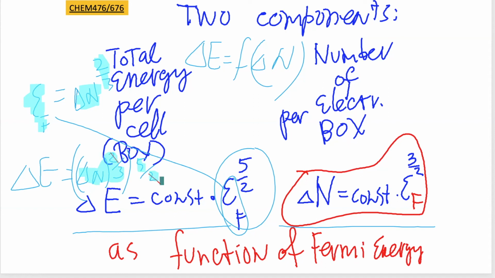And then the 2 and 2 cancel, and as a result we will have delta E equals the number of electrons to the power 5/3, right? Because the 2 has cancelled. We are almost arrived. It's just a few seconds left. So we have energy as a function of the number of electrons inside the box.